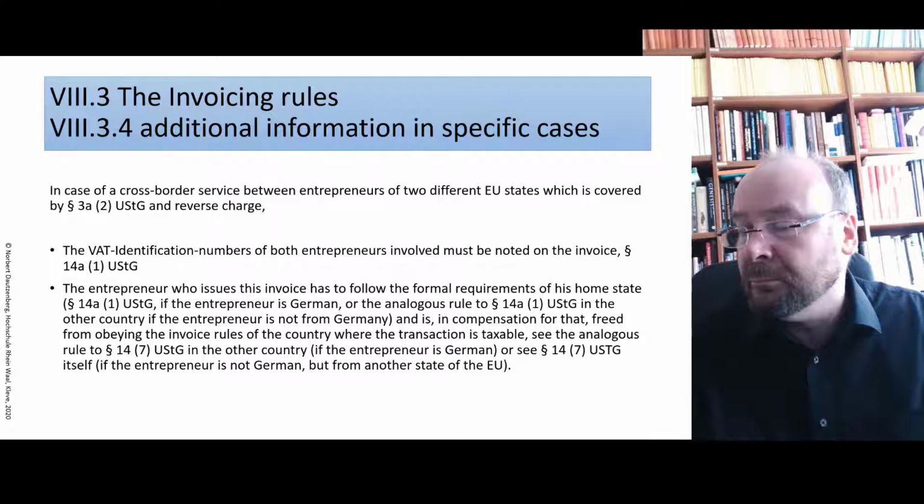And that is why the law says in all the member states, if such a transaction is made, the VAT identification number of both parties involved must be named on the invoice, so that somebody who comes and has a tax audit directly sees on your invoice, okay, the VAT numbers were known.